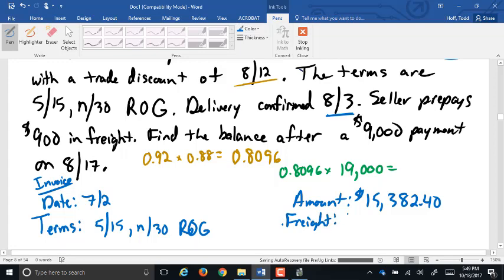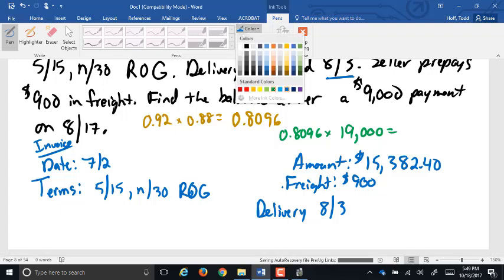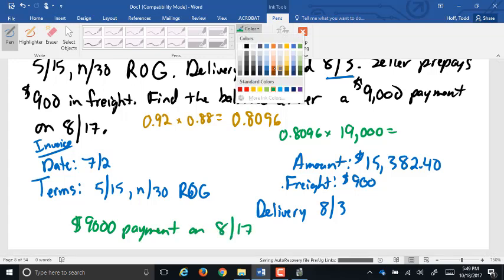Freight is $900, and we also have to note delivery on 8/3. And yes, we are asking about a $9,000 payment on 8/17.